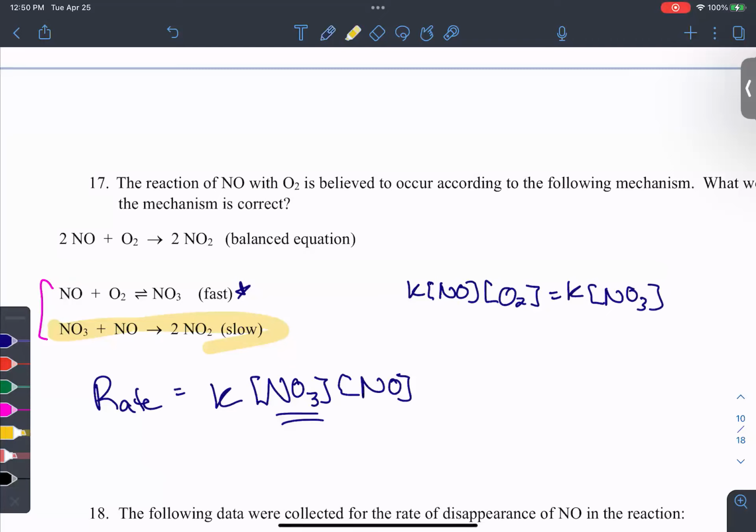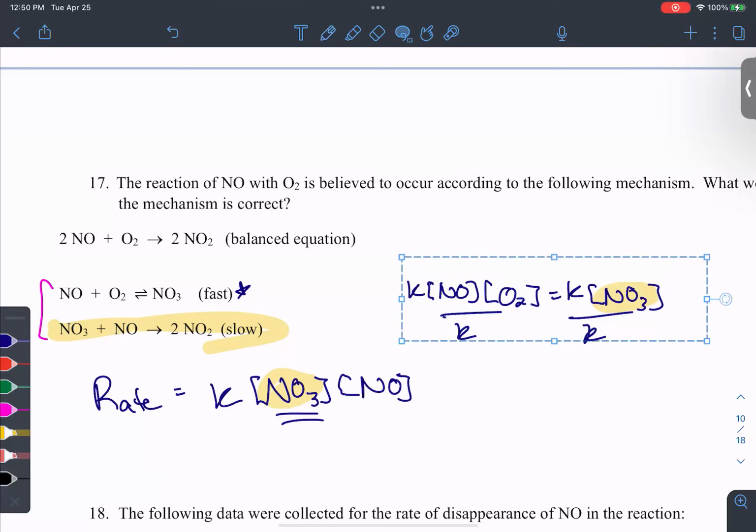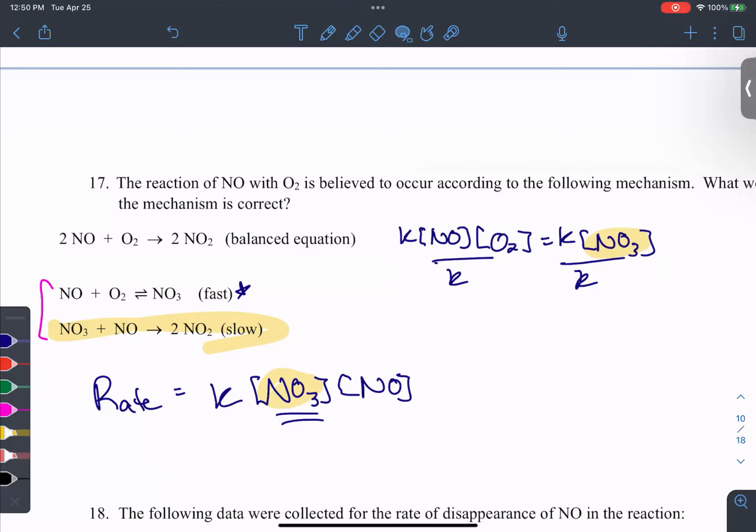And so we can see, oh, this is how we're going to get rid of NO3. If we divide each side by k, all these k's just kind of blur together. We can't typically calculate the k of each individual step. We do, in fact, see that our intermediate concentration is proportional to the NO concentration times the O2 concentration.